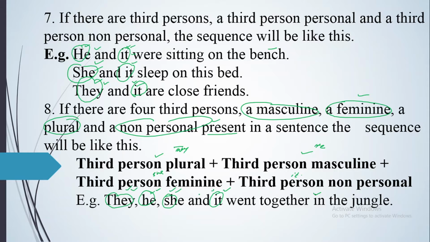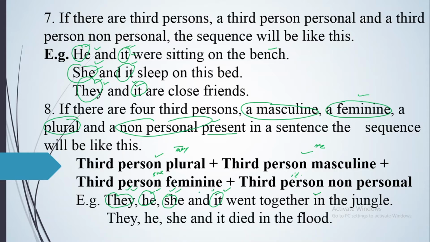Second example: They, he, she and it died in the flood. We're talking about they, whom we may not know, then he and then she, and at the end you bring it. So first you bring third person plural, third person masculine, third person feminine and third person non-personal. That will be your sequence.